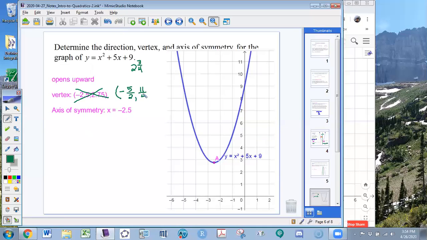You get 11/4. So this is actually the way that we should be giving our answers, with exact improper fractions, not with decimals. And similarly here, I'm actually going to write that axis of symmetry as x equals -5/2.